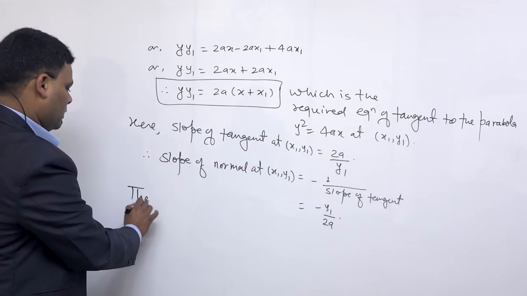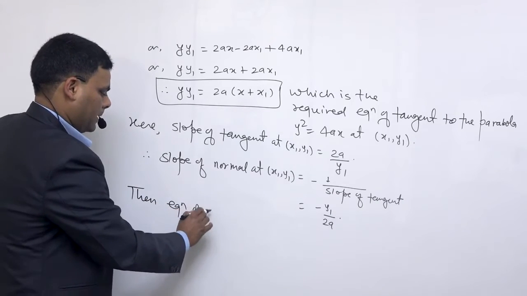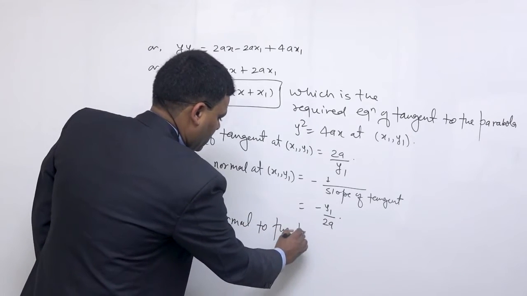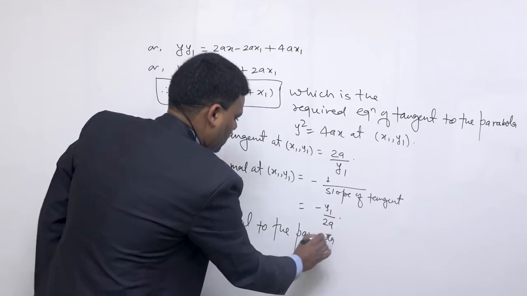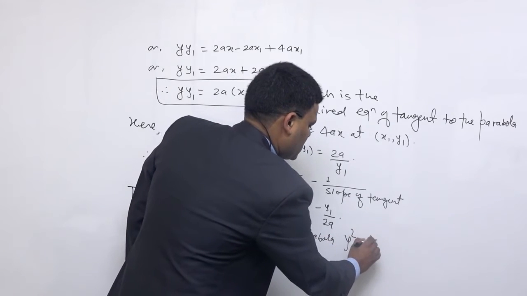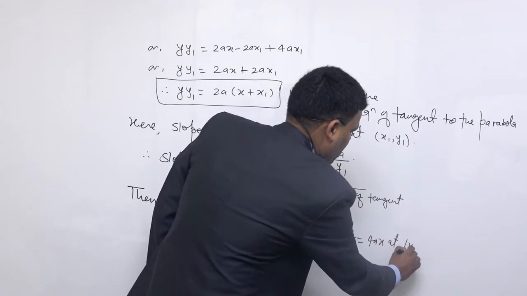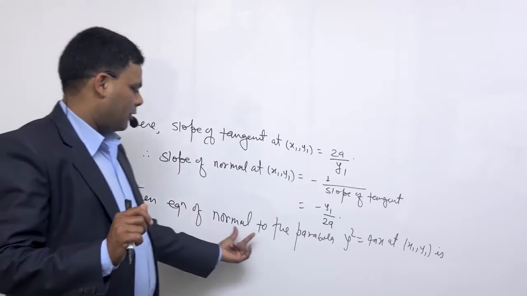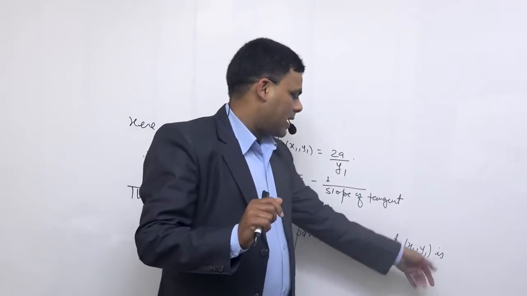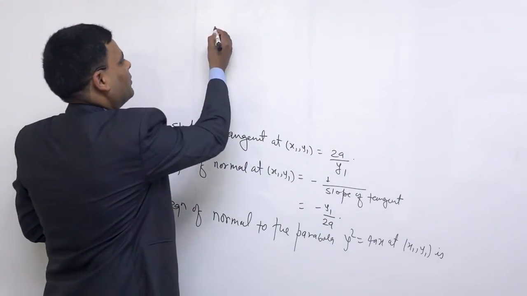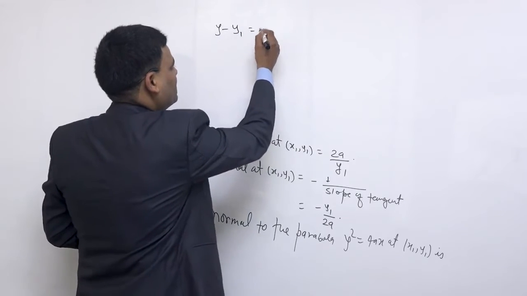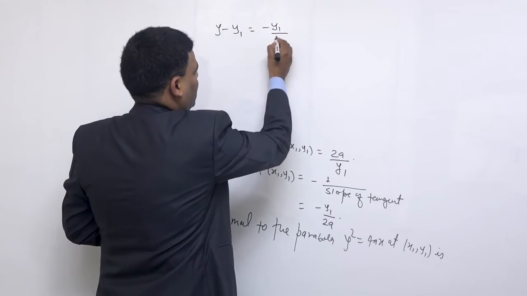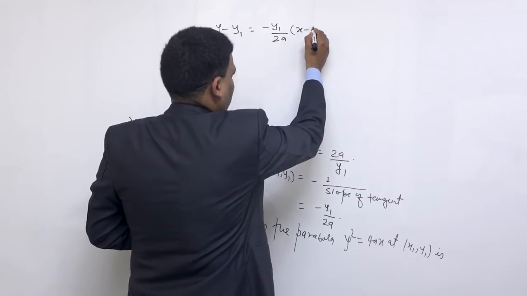Then the equation of normal to the parabola y square equals to 4ax at x1 y1 is y minus y1 equals to minus y1 by 2a into x minus x1.